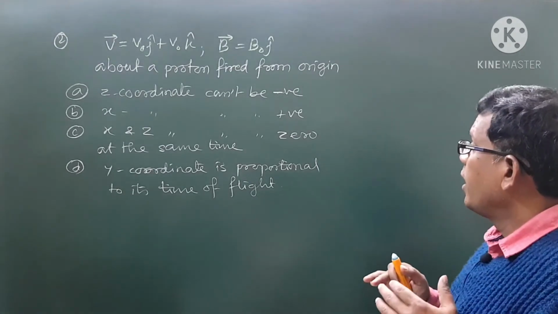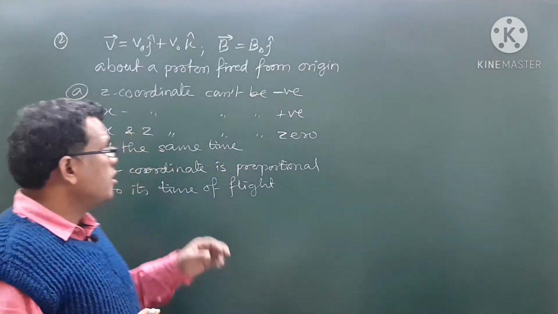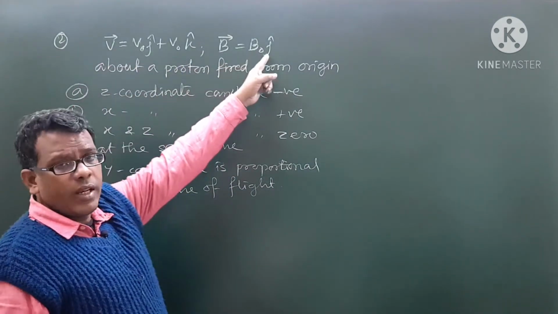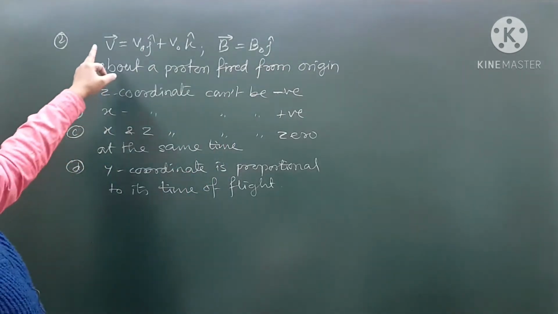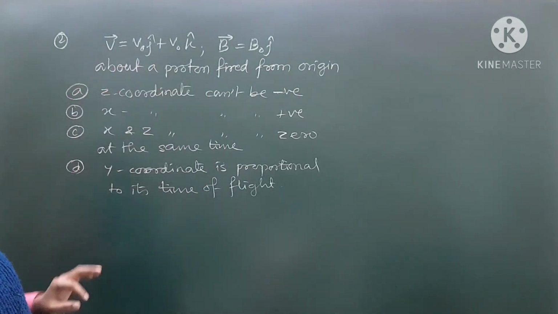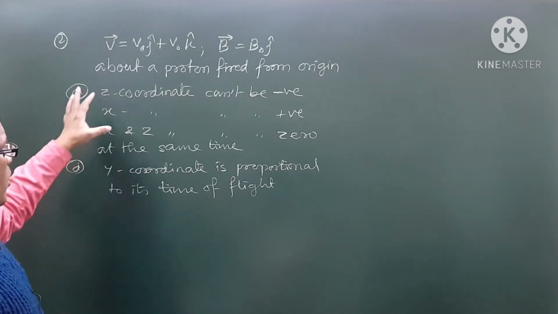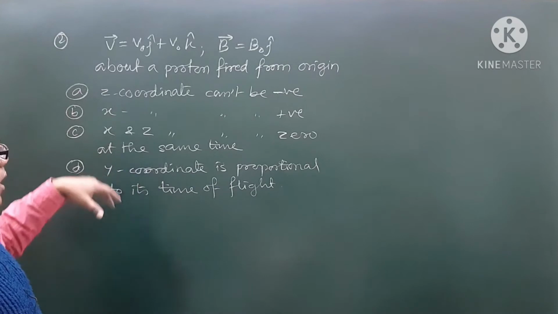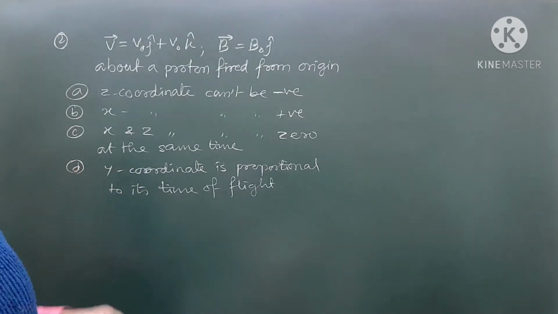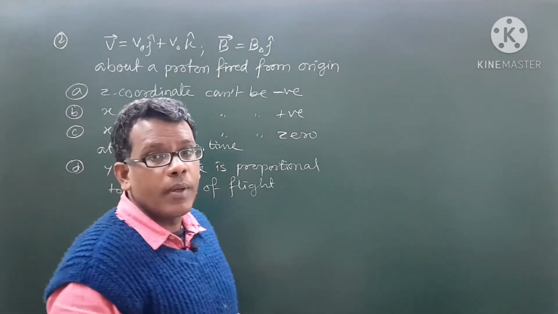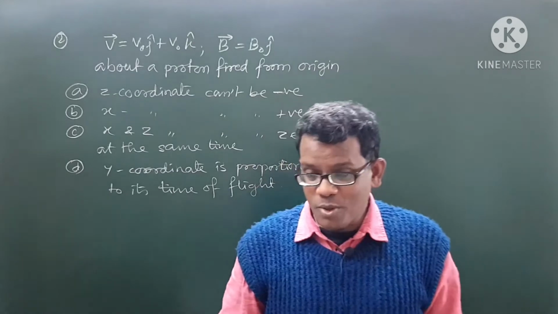The positively charged proton enters the magnetic field region which is along the y direction, and the velocity is given as v naught j cap plus v naught k cap. About the coordinates x, y, z, 4 options are given, and the hint is that it is a multiple correct answer type question.